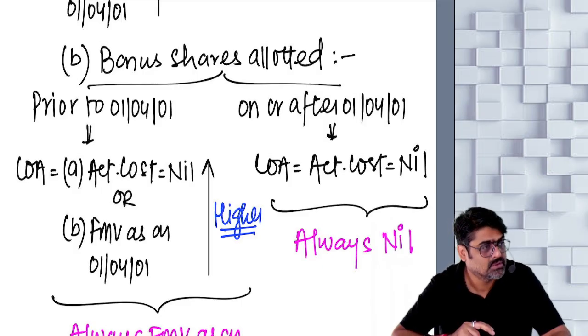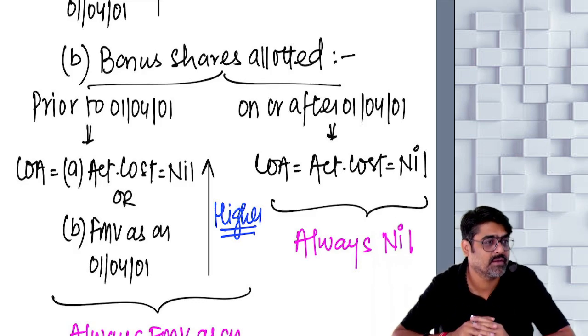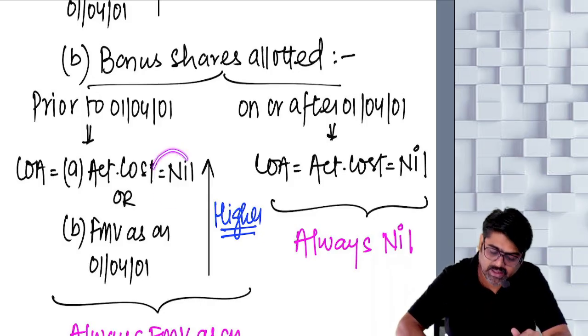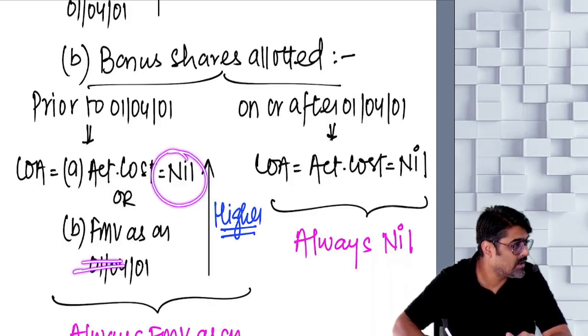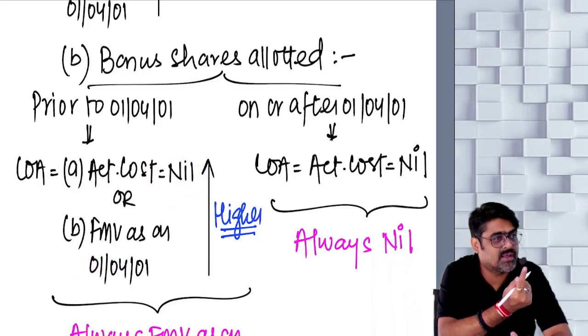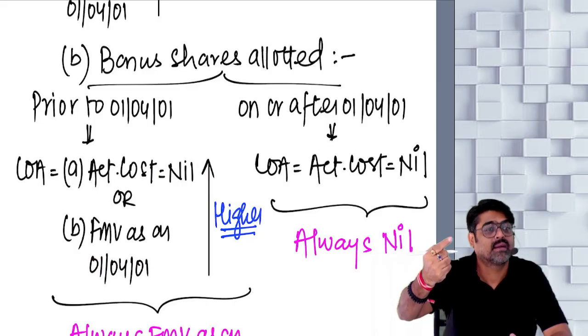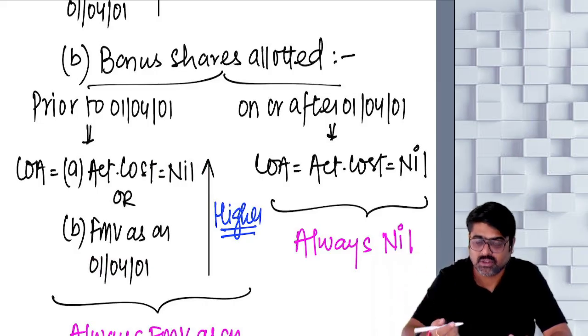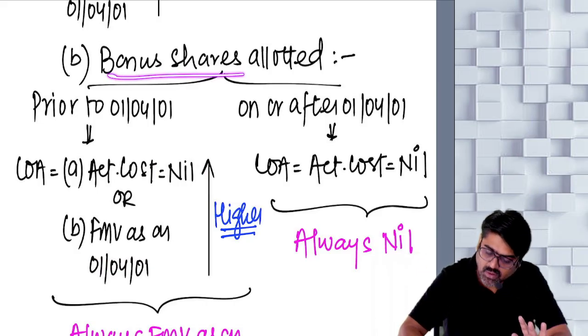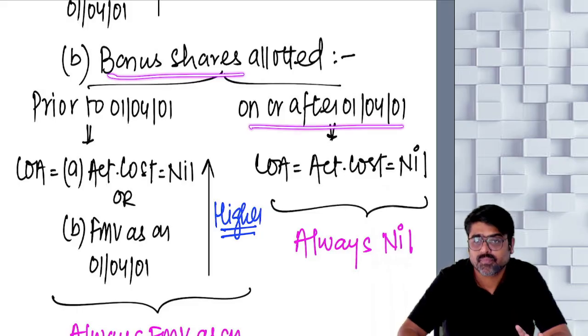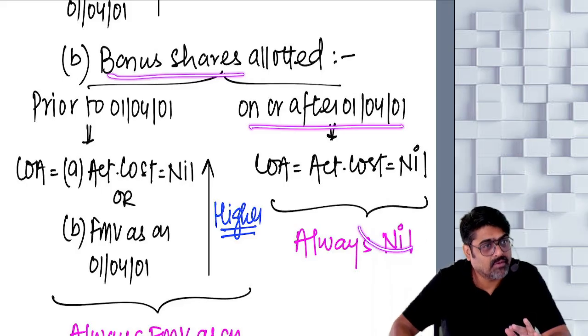Actual cost or fair market value as on 1st April 2001, whichever is higher, and always the fair market value will be higher because the actual cost will be nil. And the fair market value, even if it is a single rupee, will be higher than the actual cost. So if the bonus shares are allotted on or after 1st April 2001, cost will be actual cost, which will always be nil.